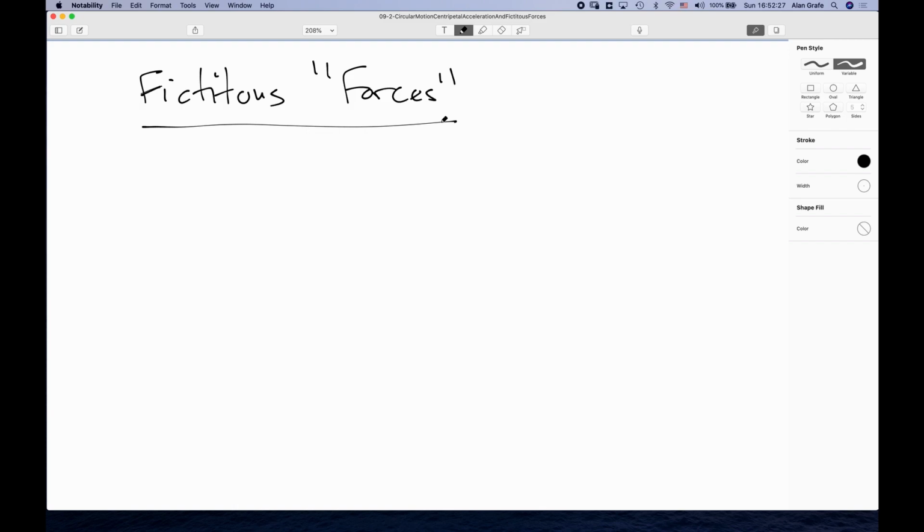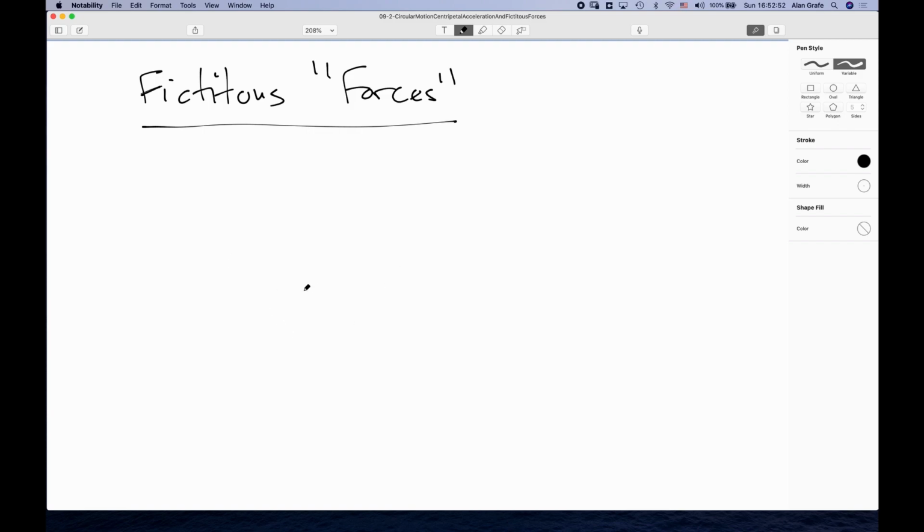But they do, so we need to talk about it a little bit. So you may have heard of terms like centrifugal force. This is an example of a fictitious force. And fictitious literally means that, it isn't real. And it definitely isn't real in the sense that it isn't a force of nature.